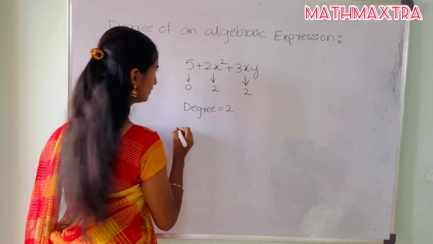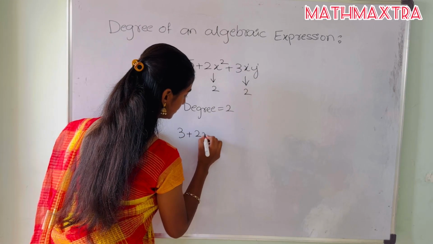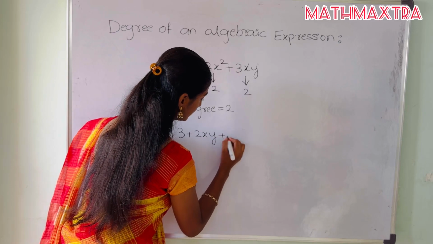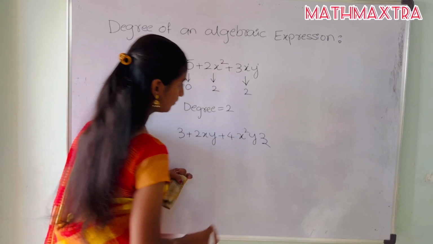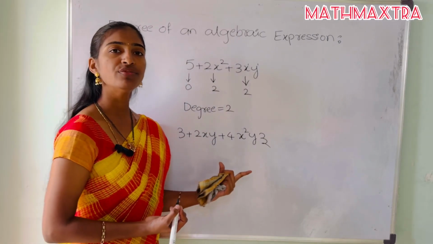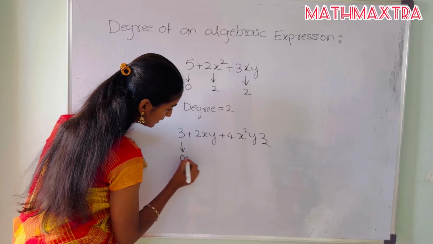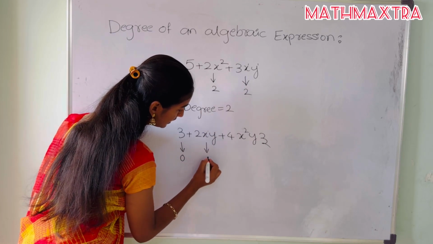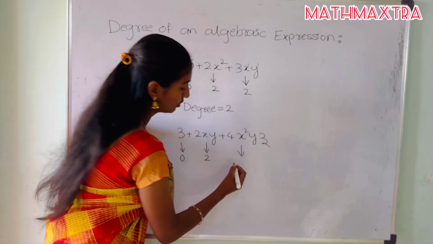Now tell me, for 3 plus 2xy plus 4x square yz, what is the degree of this algebraic expression? See, this term is degree 0. This term is degree 2, and this one is degree 2 plus 1 plus 1, which is 4.